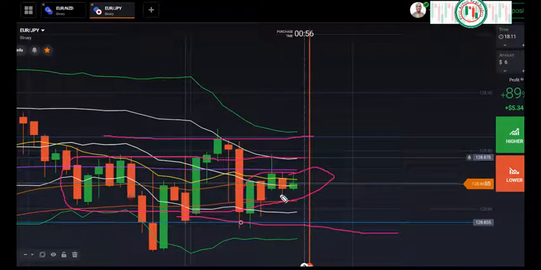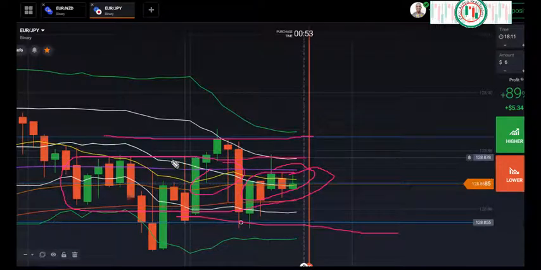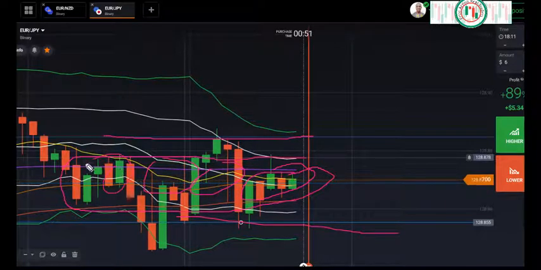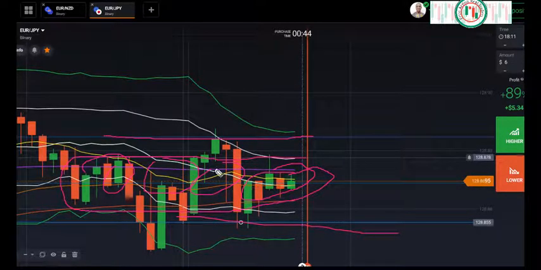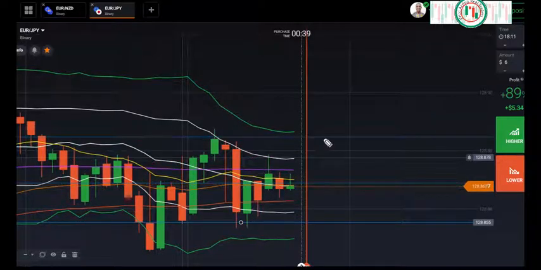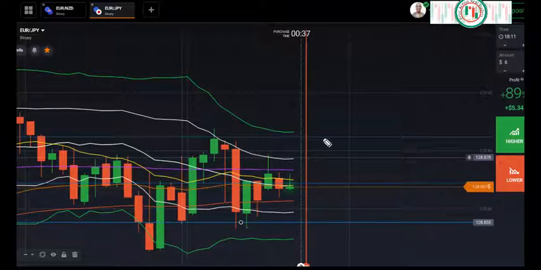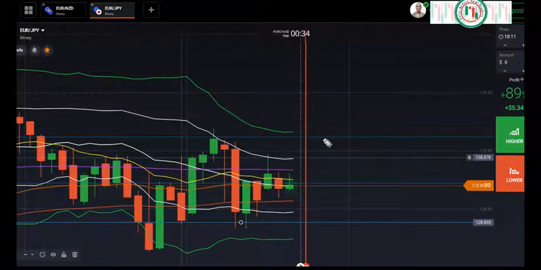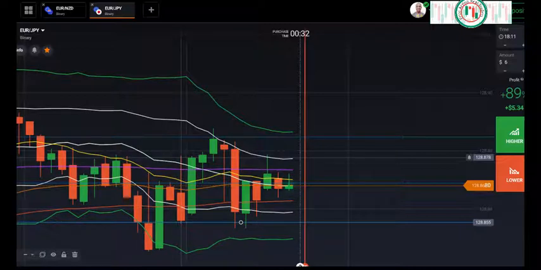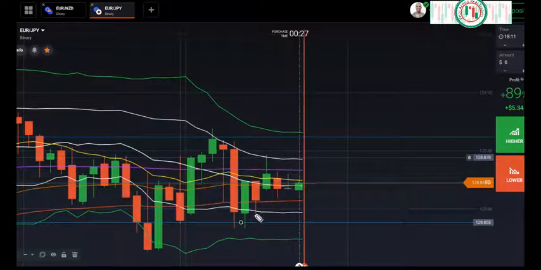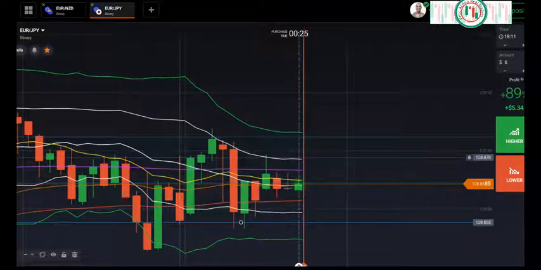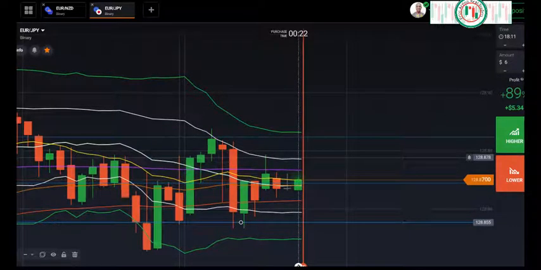So here you cannot predict because it's a bad area. Anytime you see such a market, don't predict any candle in the middle of this trend. So you have to exercise patience to wait. When market comes to this level or this level, then you can take your trade.